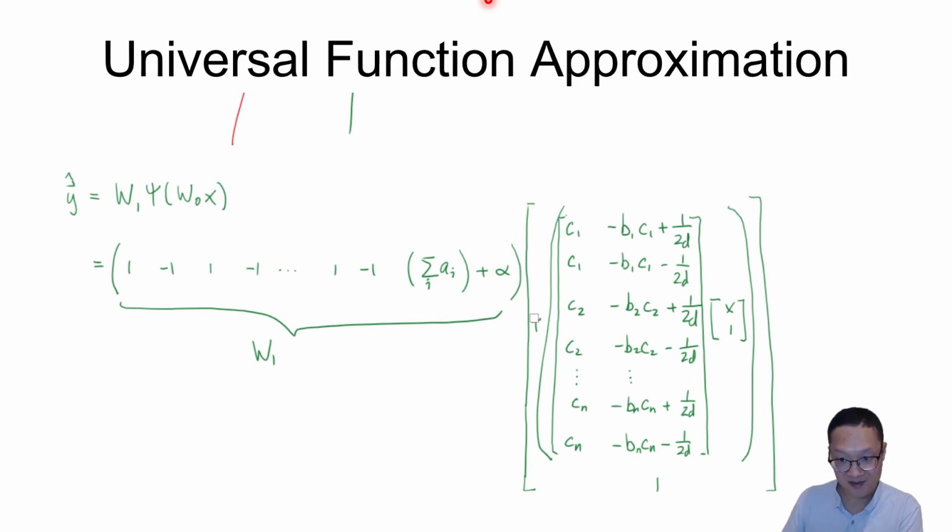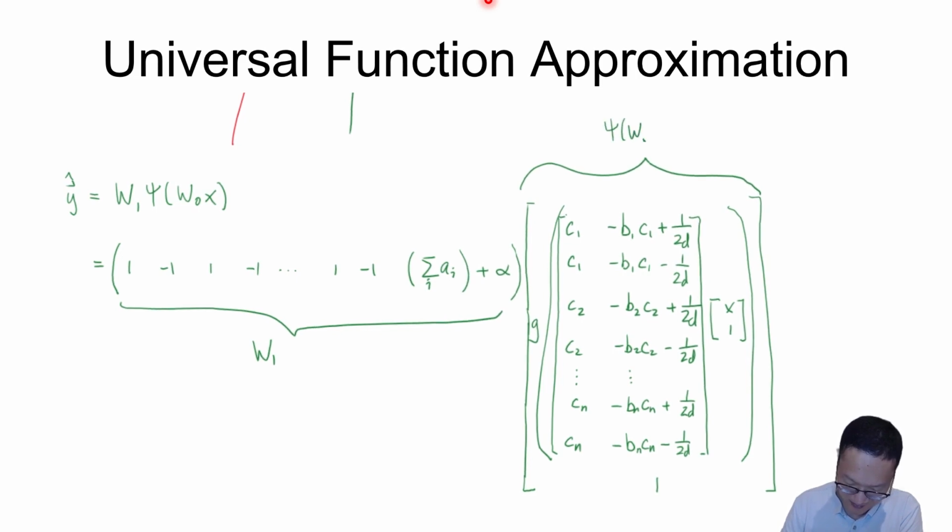Let me double check this. Normally g is the activation function, so you apply the activation function g and then append a 1, and that gives you psi of W0 x.